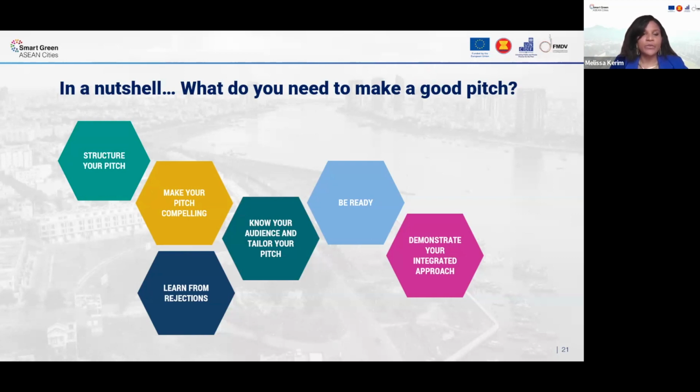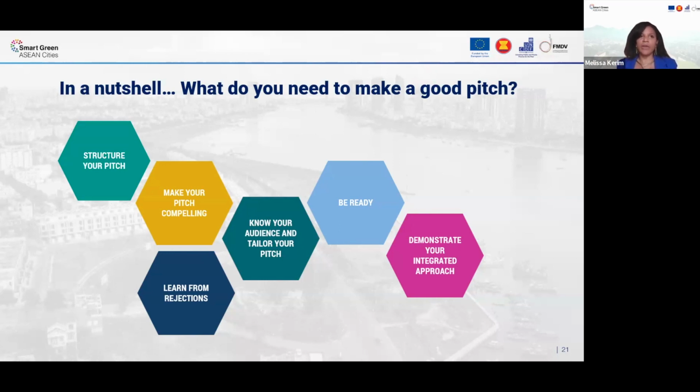And then, if you have pitched your project before, learn from rejections, meaning you need to learn every single time you make this pitch. When you receive comments from financiers, do take this into consideration and share that with your team, because you will need to pitch it several times until you find the right partner.